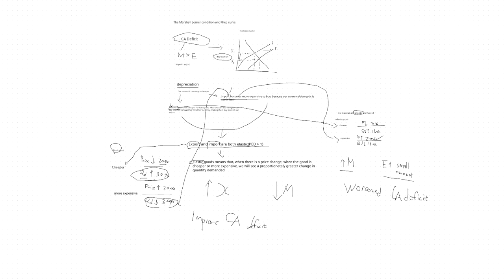So it will lead to an improved deficit. However, when we have inelastic goods, import being more expensive will not affect the amount of import being consumed by too much, right? So people will still buy a lot of import. Export is cheaper now, but not too many people will buy cheaper export. So it will lead to a worsened CA deficit.